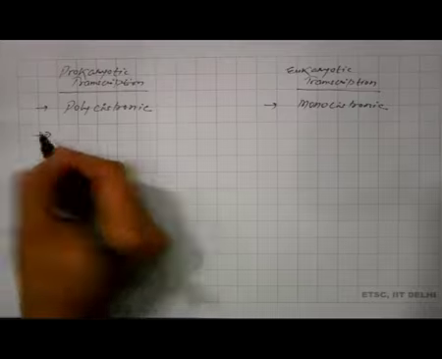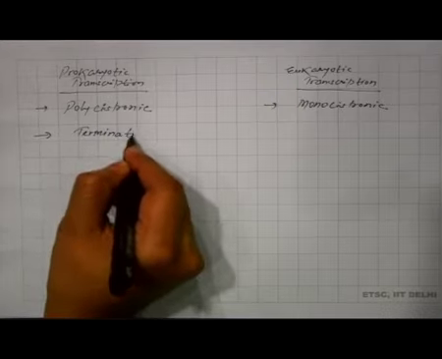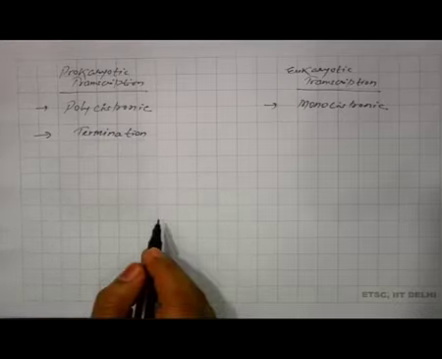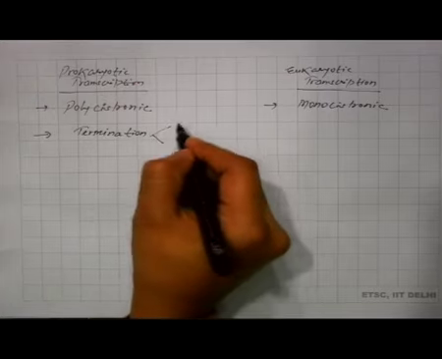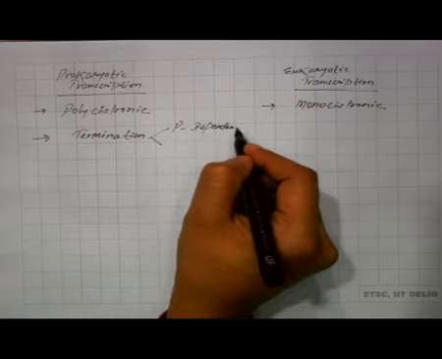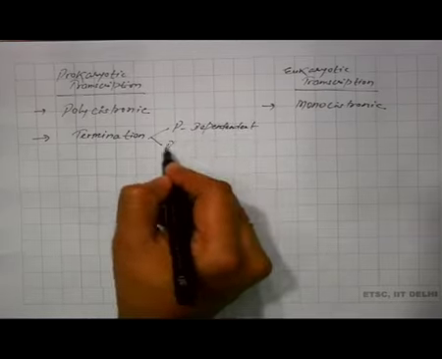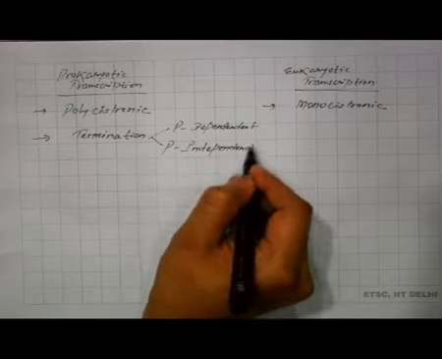And if we talk about termination, if you can recall, in case of prokaryotes there are 2 types of termination, rho dependent and rho independent.